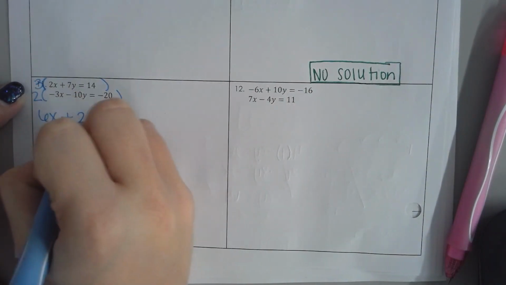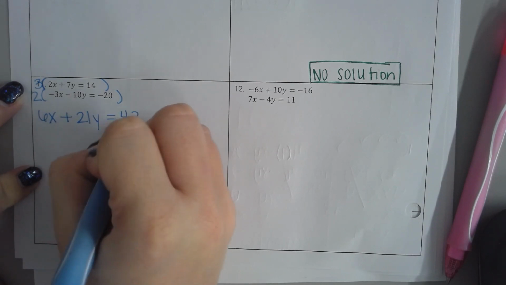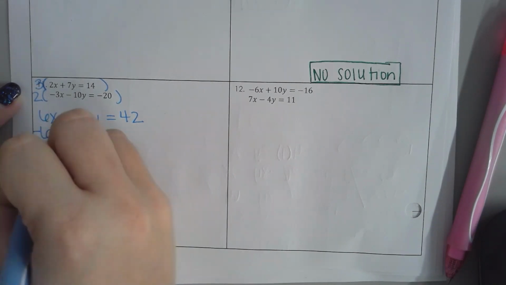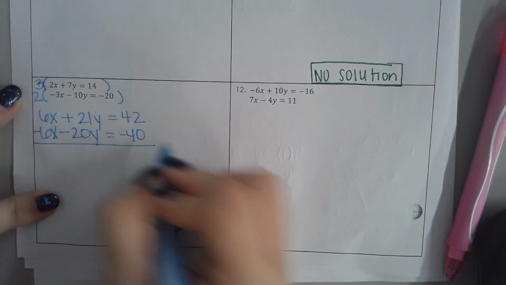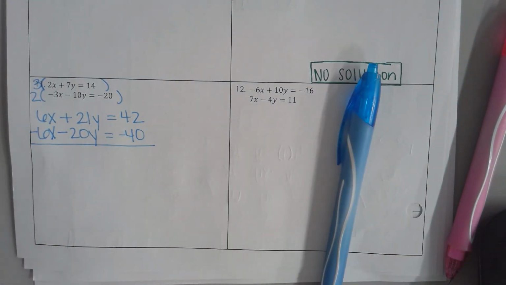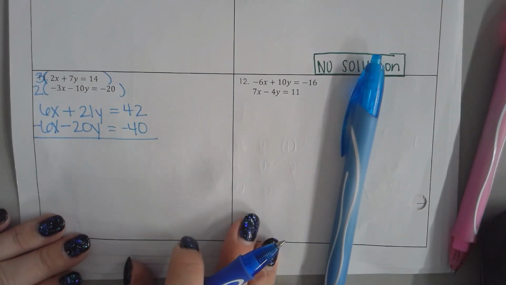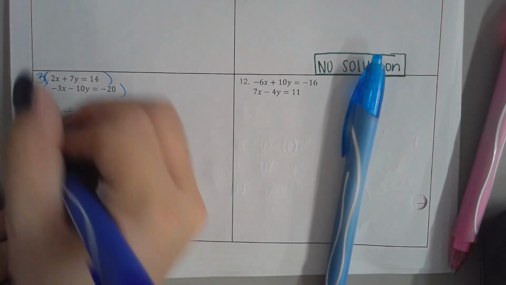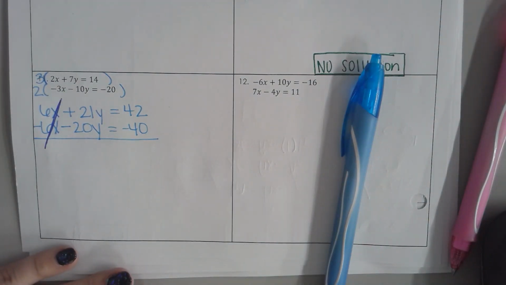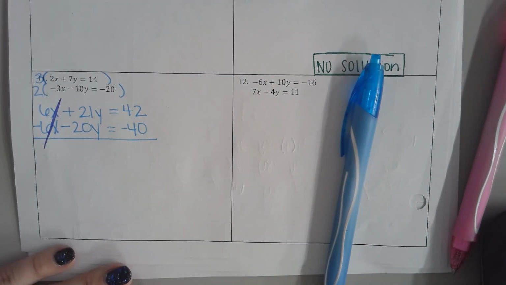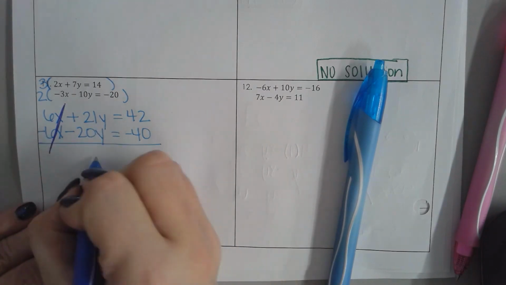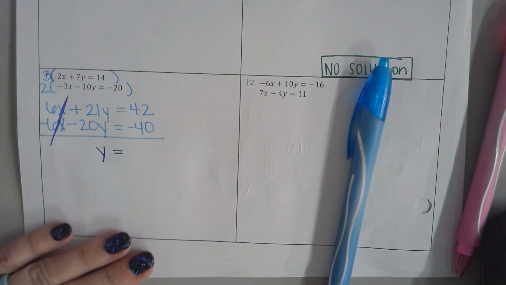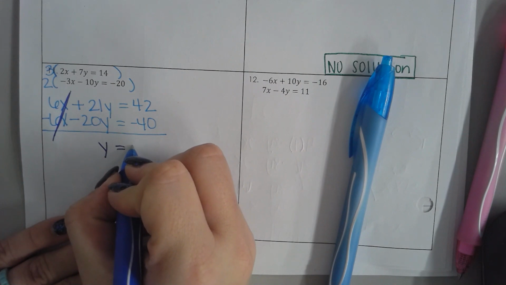So 3 and 2, 42. 6x plus 21y equals 42. -6x minus 20y equals -40. So your x's cancel. And then you add straight down. What's 21 plus negative 20? So just y, 1y. And 42 and negative 40? Positive 2.